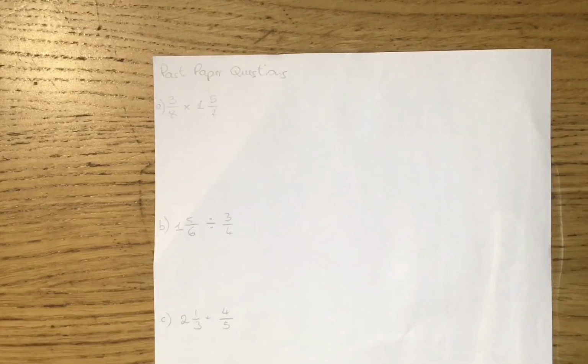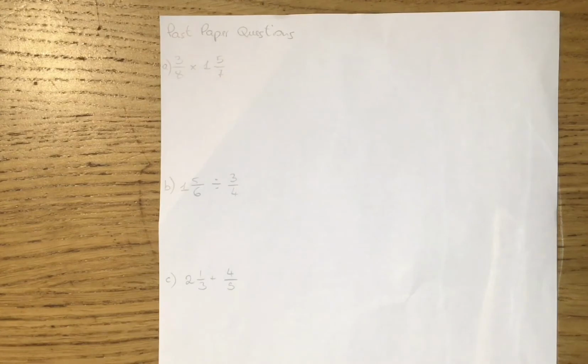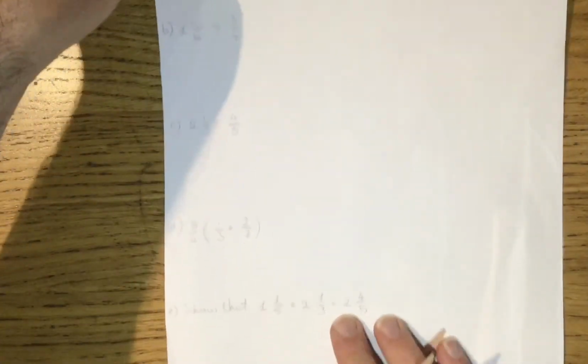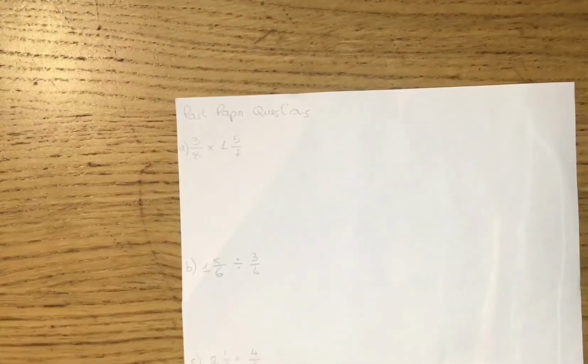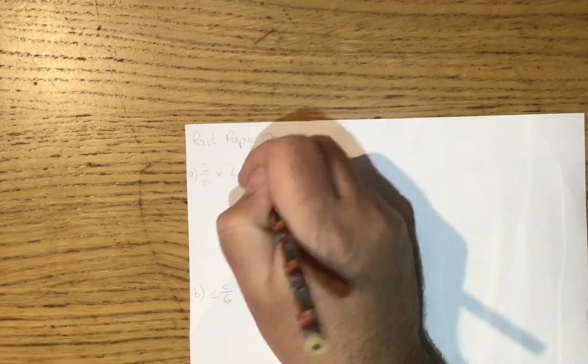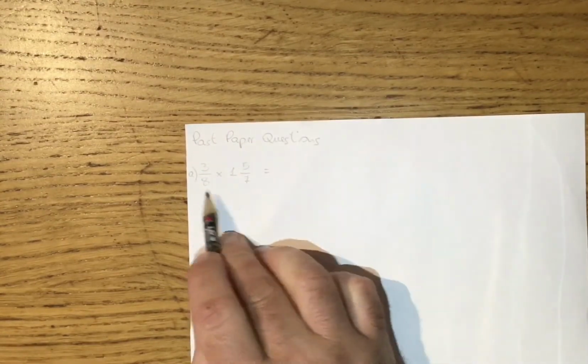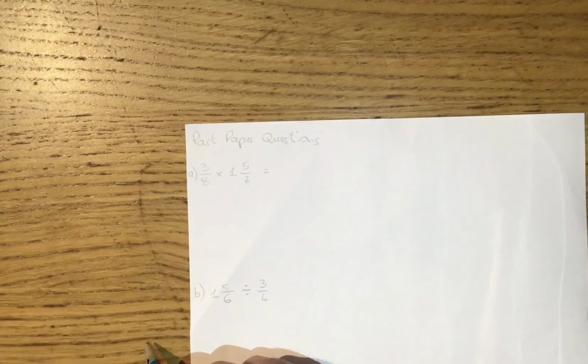Now I'm going through a number of past papers. So I've got 4 past paper questions and then a show that question at the bottom. First example we have is 3/8 times 1 and 5/7.